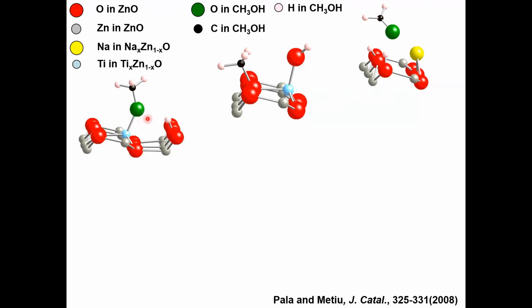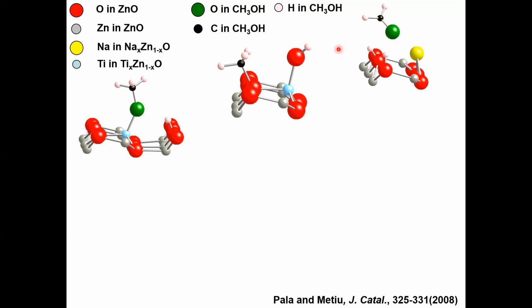As opposed to this pathway, I can dissociate the bond between carbon and oxygen. I can break this bond. Here, what have I formed? I have formed formaldehyde. Methanol has been converted to formaldehyde. For doing this, what should I do?